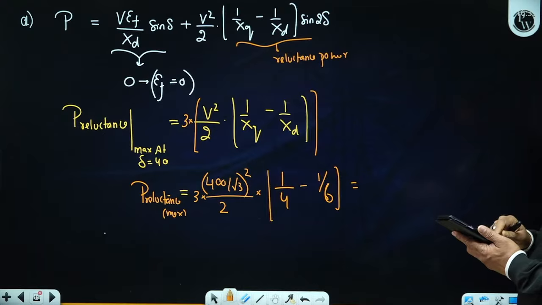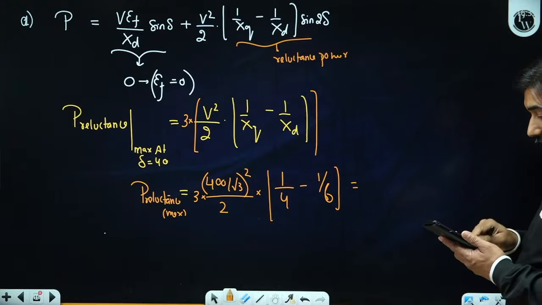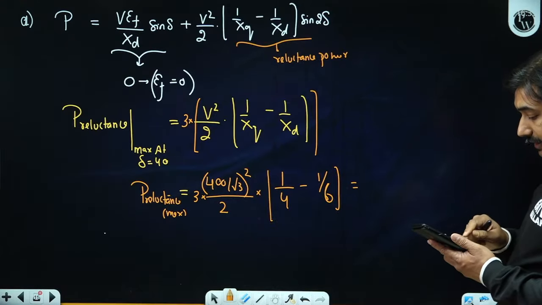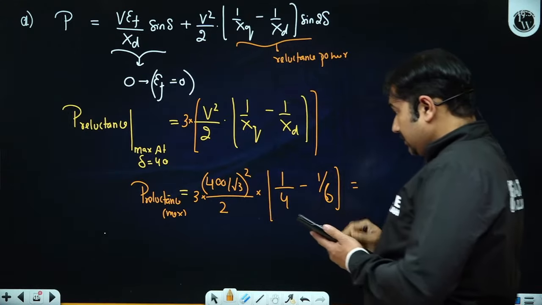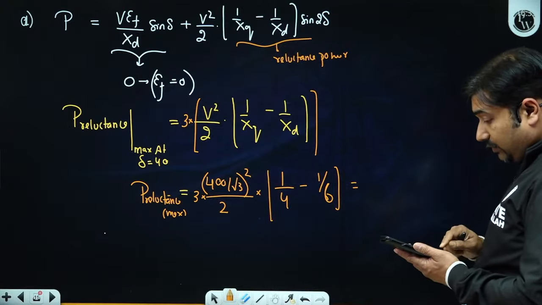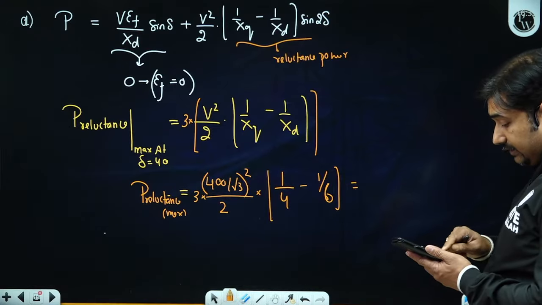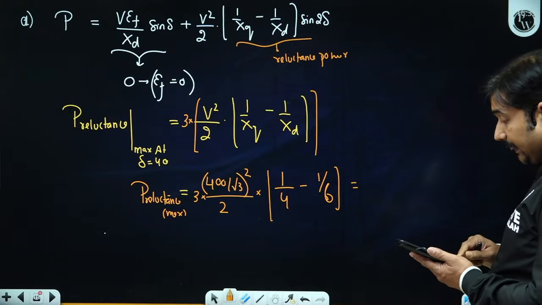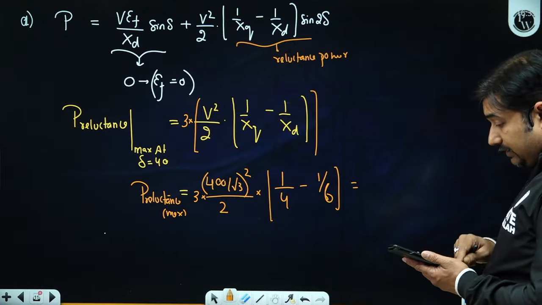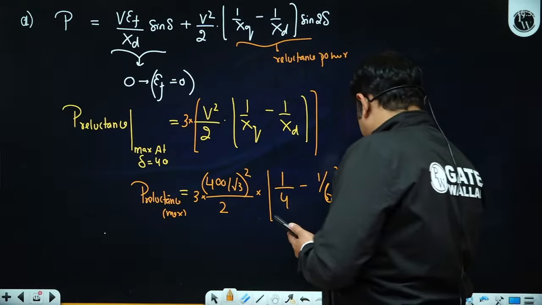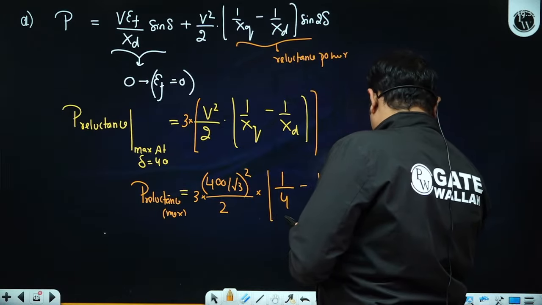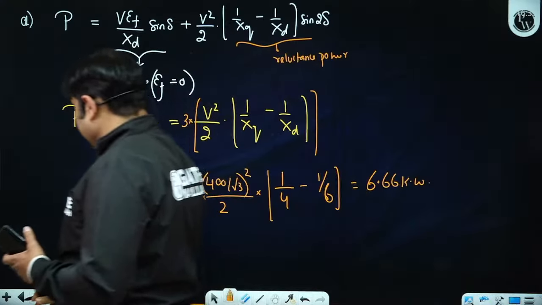It is 1 by 4 minus 1 by 6 into 400 square by 2. So 6.66 kilowatt. So yes, option A is correct.